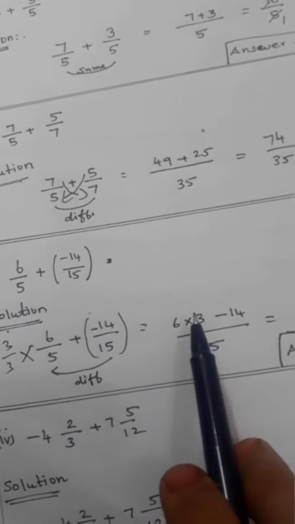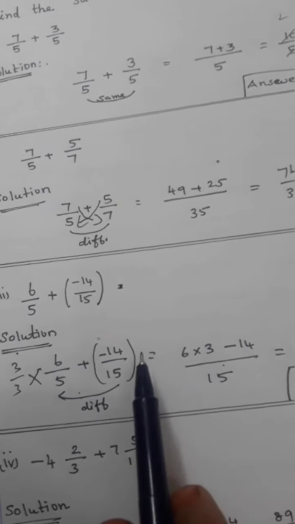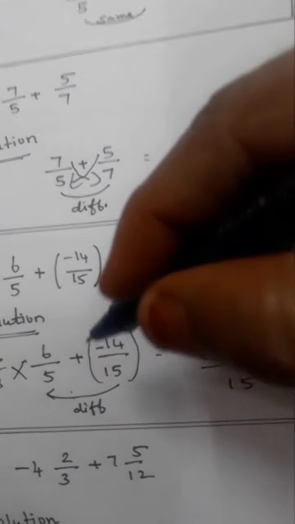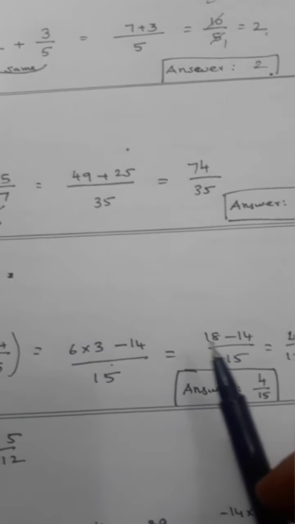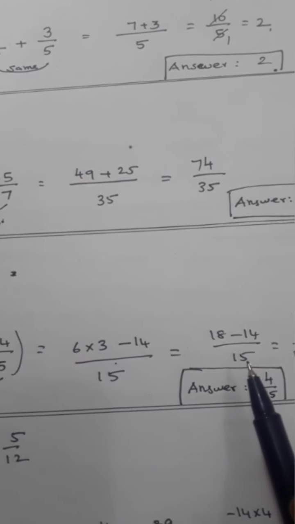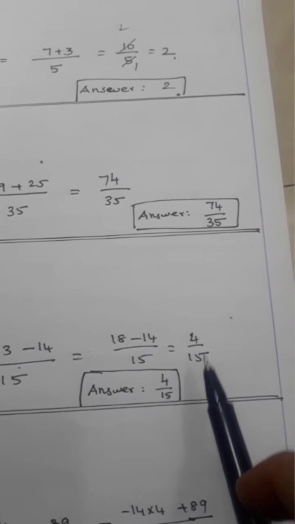So 6 into 3. 5 3s are 15. Write this 15 from 1 by 15 only. Plus into minus is minus, 14. 6 into 3 minus 14 divided by 15. 6 3s are 18. 18 minus 14 is 4 divided by 15. The answer is 4 by 15.